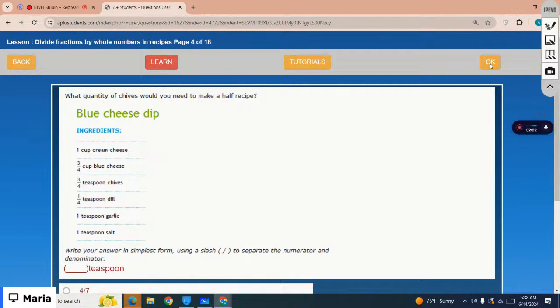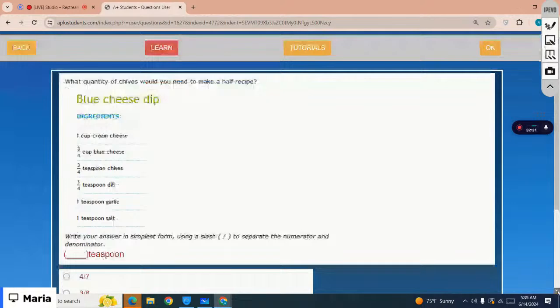What quantity of chives would you need to make a half recipe? In the original recipe, you need 3 by 4 teaspoon. So for the half recipe, which is the correct option?